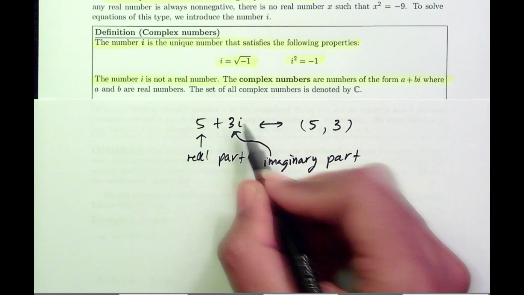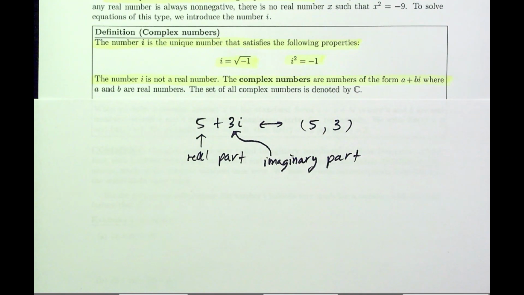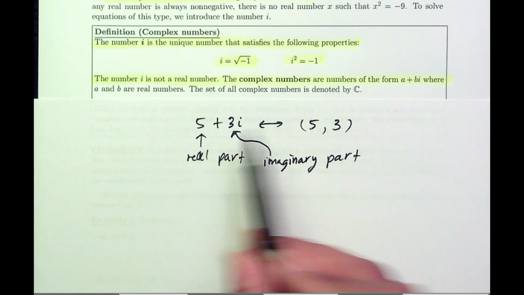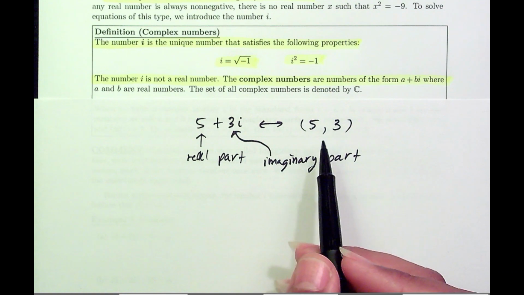So complex numbers can really be thought of as just points in the plane. If there's nothing weird with points in the plane, then there's nothing weird with complex numbers. They're really the same thing. You can think of this as just another interpretation of points in the plane.